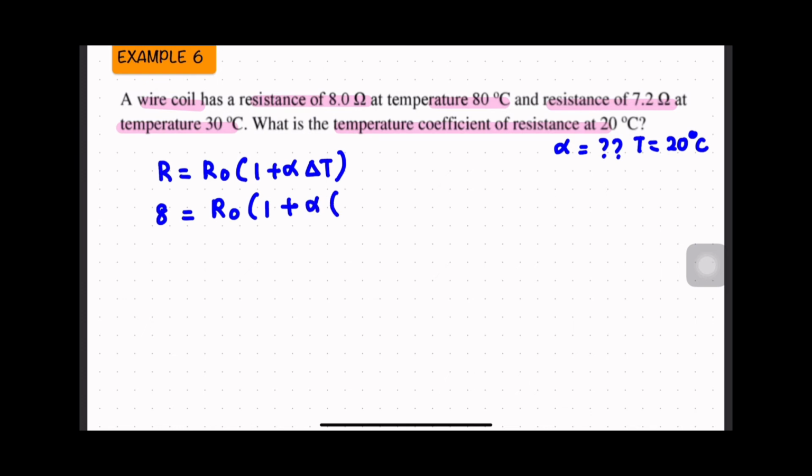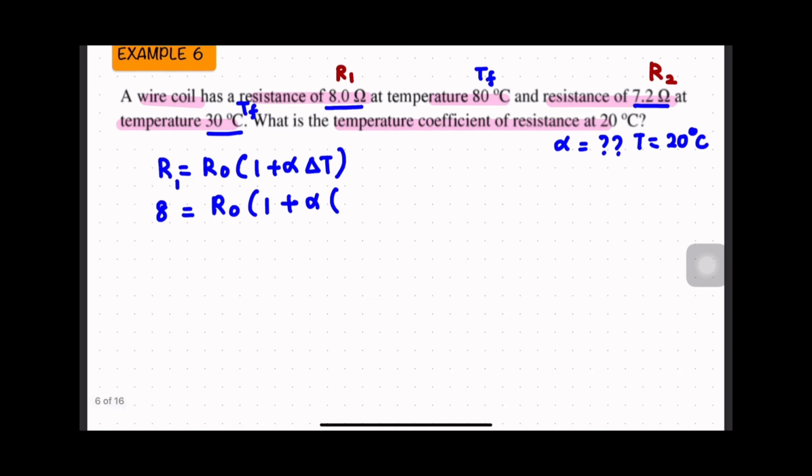Delta T ni adalah T final tolak T naught. Ni T final pada resistor ni lah. Okay, yang ini adalah 30 ni adalah T final pada resistor ni. Okay, this one is R1. So kita ganti dulu satu-satu lah. R1. Jadi R1 macam ni lah.